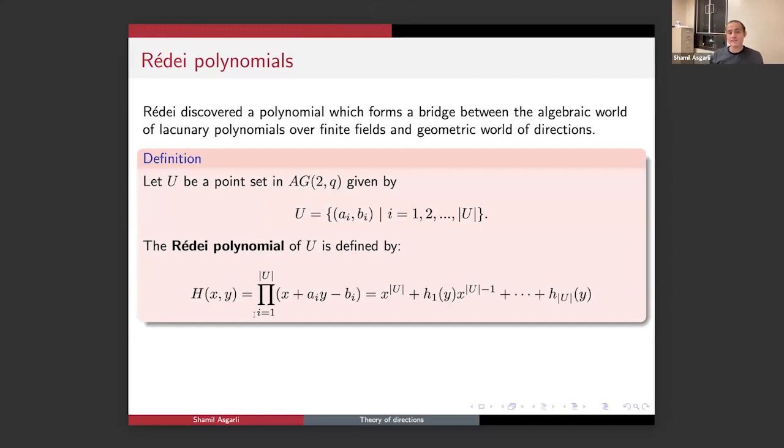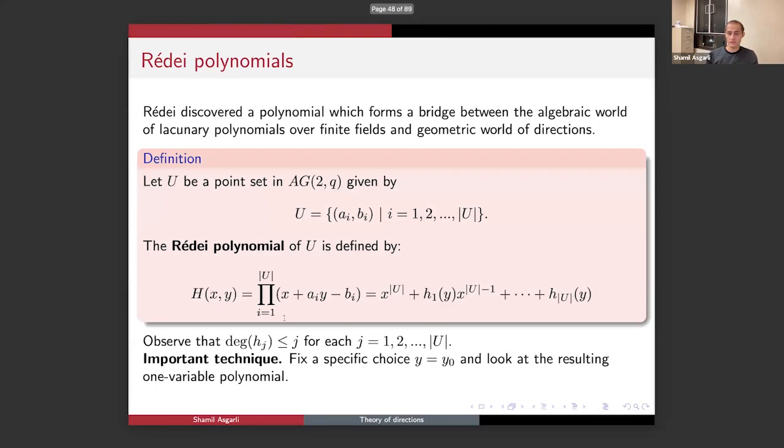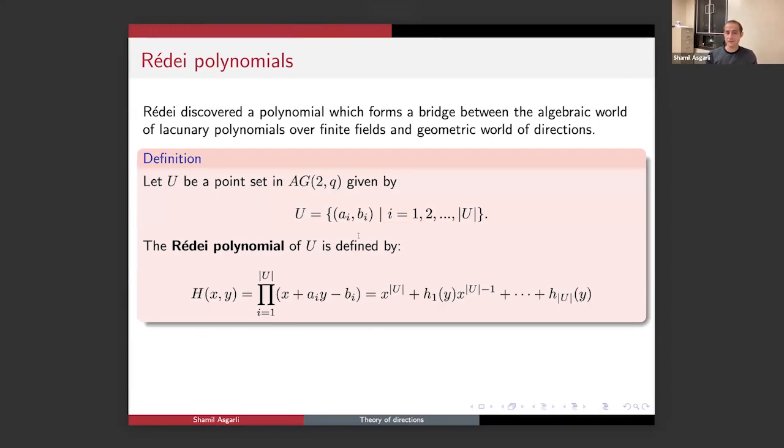We start with a point set U in the affine plane, given by, well, it's got as many points as the cardinality of the set U. So I'm going to write those points as (a_i, b_i), as i goes from 1 to |U|, where this is the size of U, so that we can talk about what points live in U.